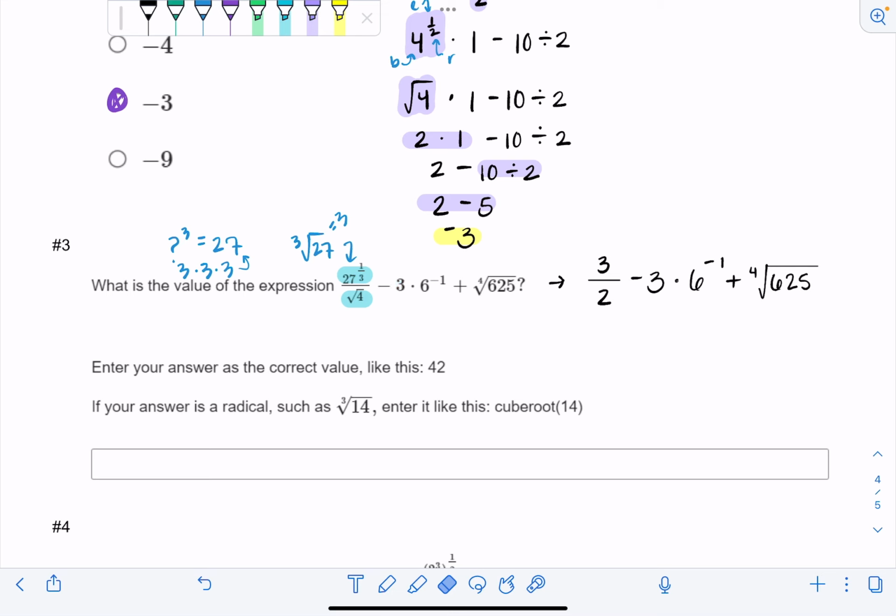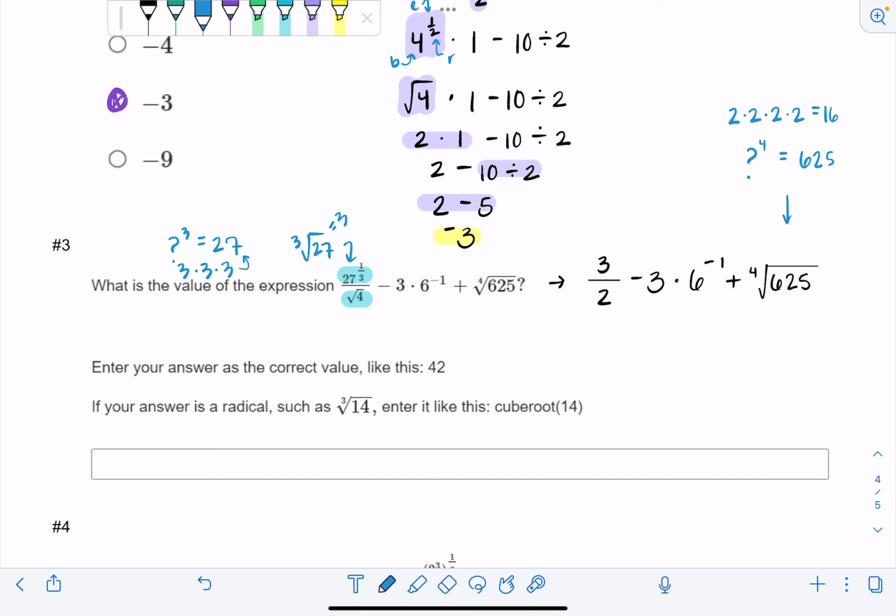And then the fourth root of 625, you probably don't know it off the top of your head, but you can guess and check it. For the fourth root of 625, it's asking what number to the fourth power equals 625. You can just play around with some different numbers. You can use a calculator, but if I did 2 times 2 times 2 times 2, that's definitely not it. That's 16.